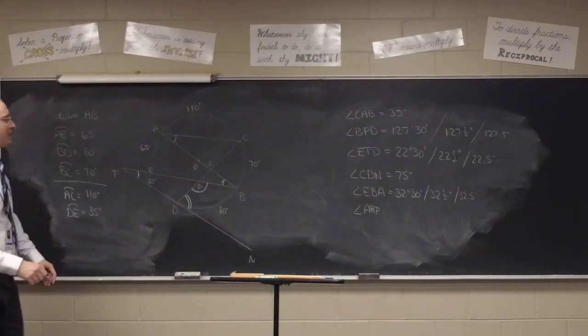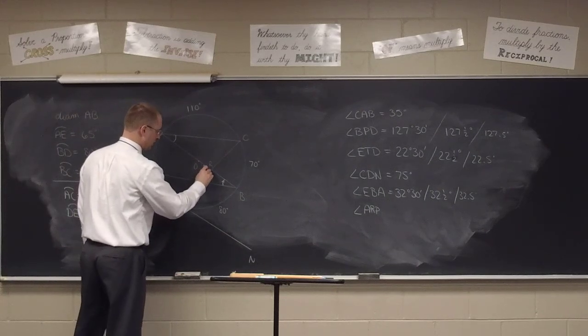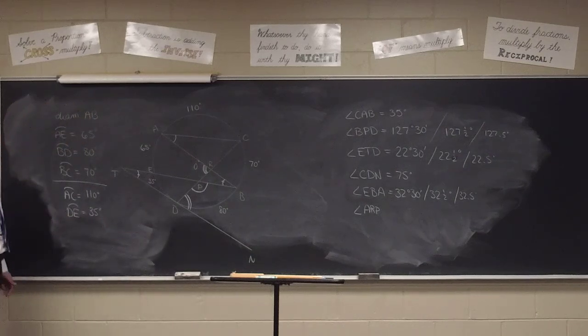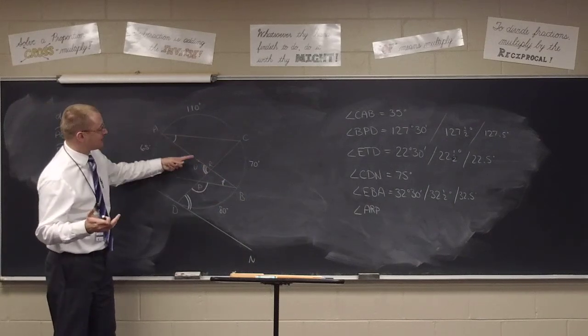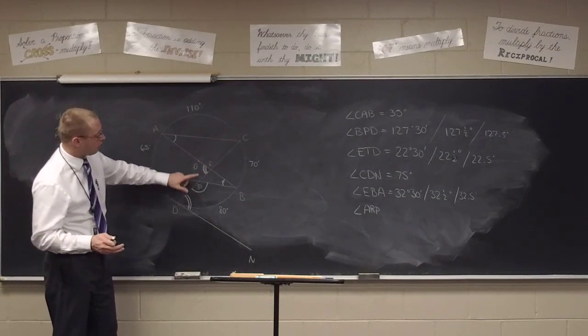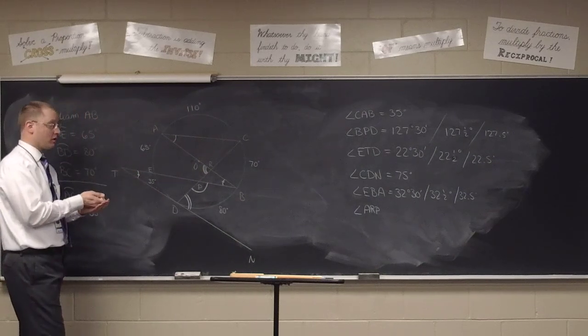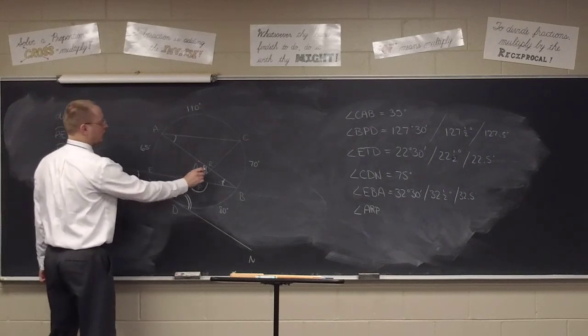And for ARP, this angle here, again, Genesis, is formed by intersecting chords, right? Now, one of the chords happens to be a diameter, but since it's not at the center, it's not a central angle, so this angle's got to equal... Good, now how big is its own arc?